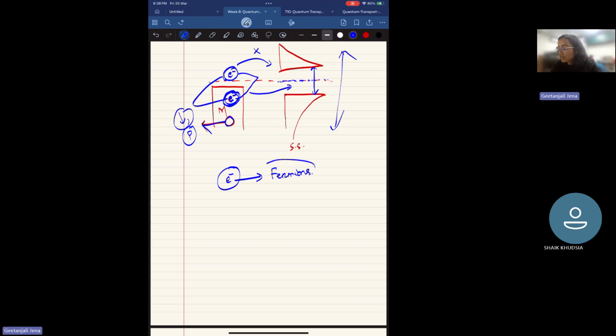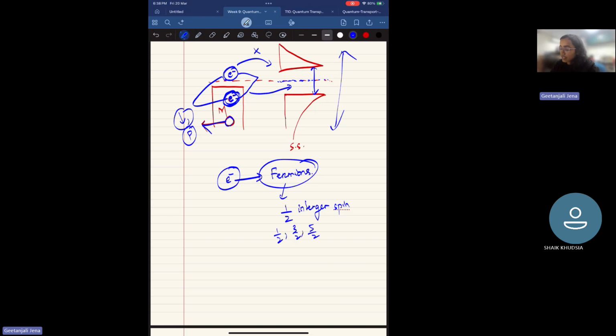By fermions, we mean that they have half integer spin, or some integral multiple of half integer spin. It can be 1/2, 3/2, or 5/2.